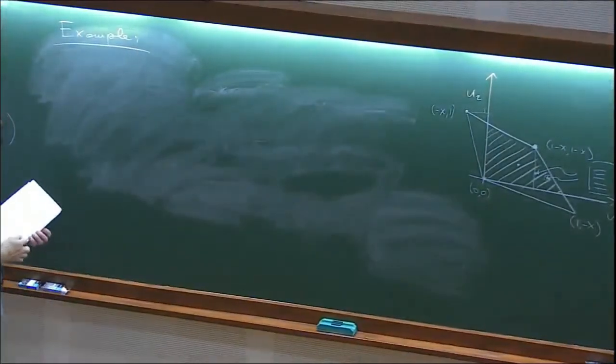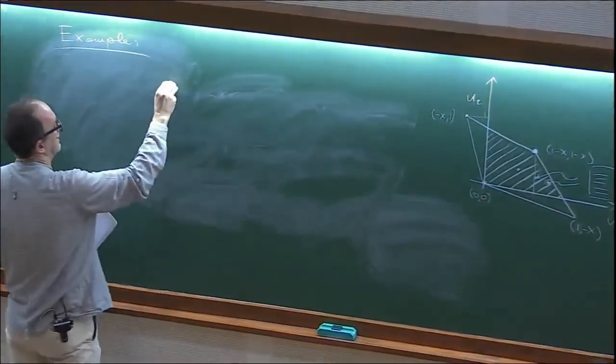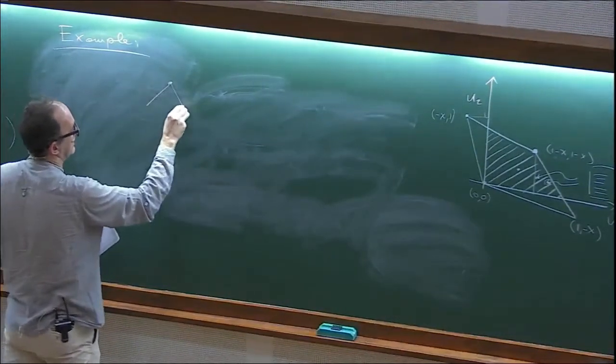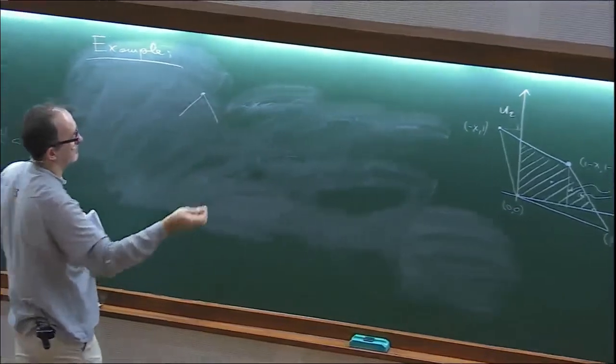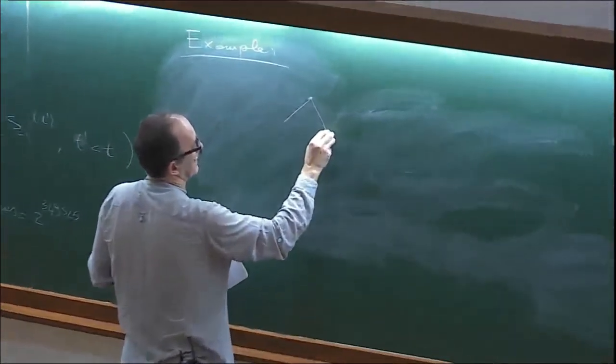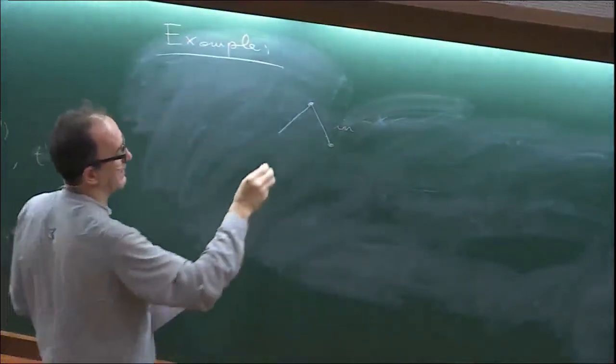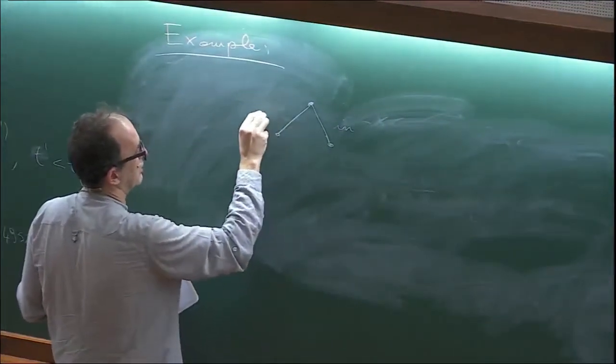So imagine that you have the following game in extensive form. There are two agents, two firms. One firm has to decide whether to enter a market that is dominated by the other firm or not.